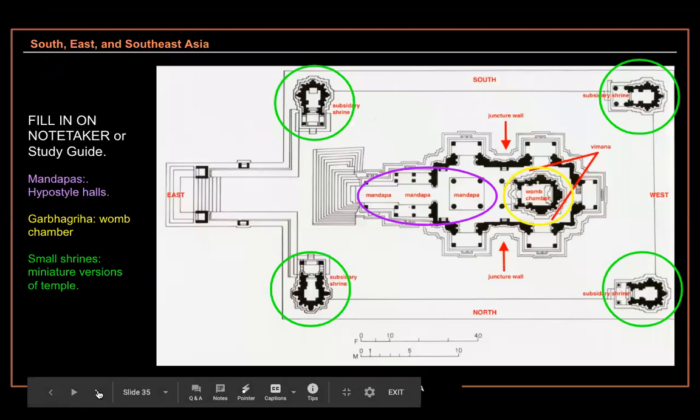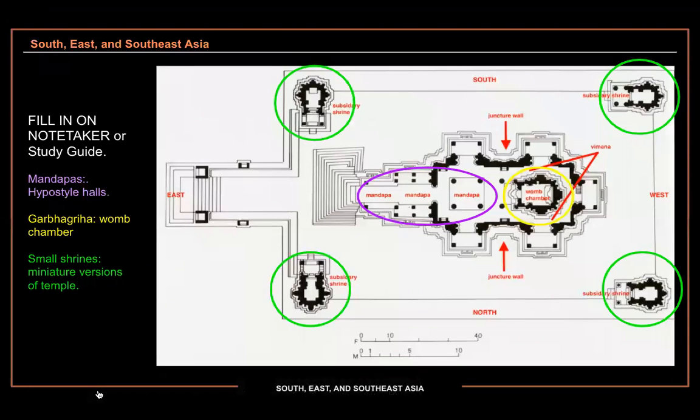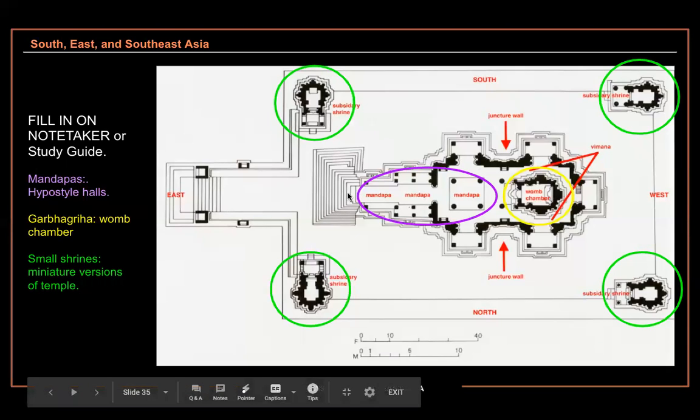In your note takers or in your study guide, there is a diagram that looks like this. What I would probably do is focus on these basic components of a Hindu temple. Then we will talk a little bit about how you are supposed to interact with the space as we go. So we have the mandapa, which is basically like a hypostyle hall.